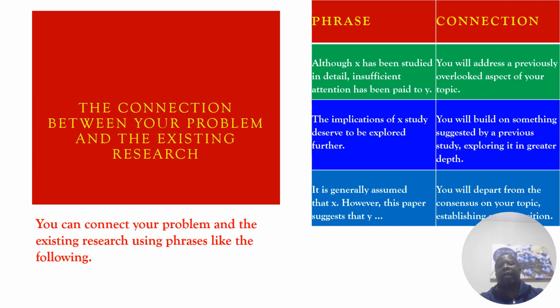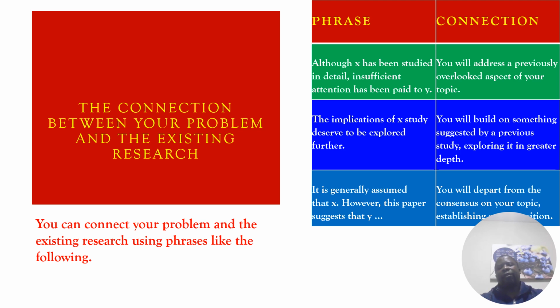So the first one, although your problem has been studied in detail, insufficient attention has been paid to why. If you phrase your problem this way, you will address a previously overlooked aspect of the topic. And in most cases, there are always areas that are overlooked, and it's very important for you to pay attention to those areas.